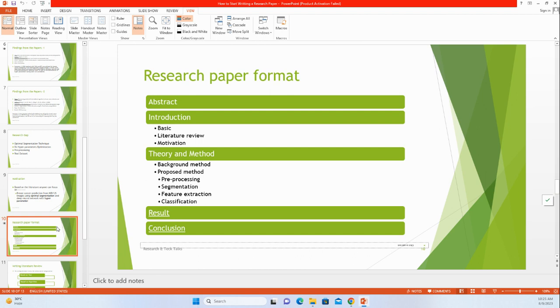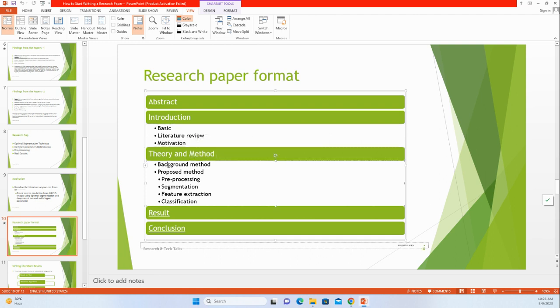So now we have the research topic, the motivation, and the research gap. So what is the research paper format? A research paper looks like this: abstract, then introduction. The introduction contains the basics, that means what the application is, what the motivation is, and what was previously done. That's called the literature review. And then theory and method.